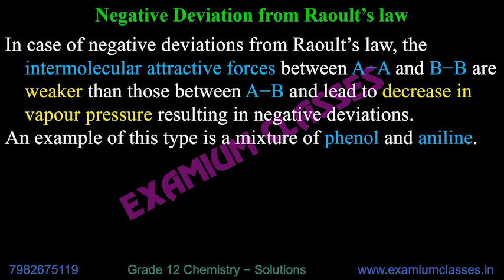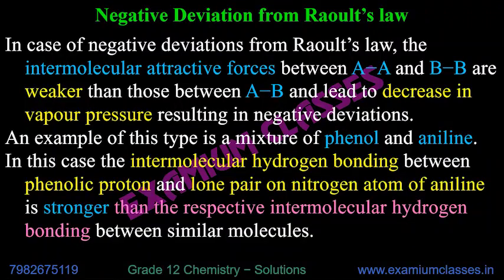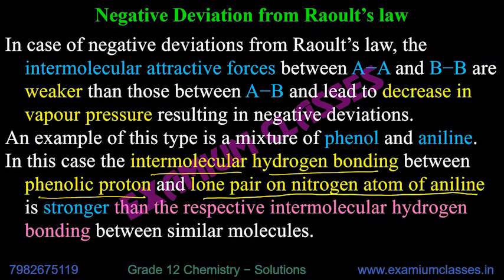Examples are very important. Mixtures of phenol and aniline. In this case, the intermolecular hydrogen bonding between phenolic proton and lone pair on nitrogen atom of aniline is stronger.